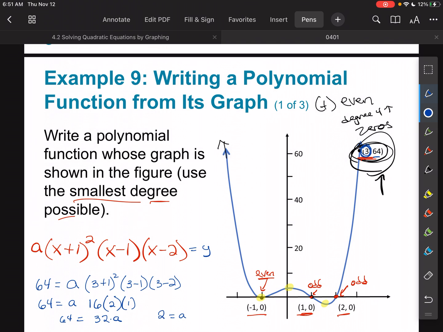So my final answer for my polynomial in the smallest degree is 2 times x plus 1 squared times x minus 1 times x minus 2. I hope they let you leave it in factored form like this. If they don't, you'd have to FOIL the whole thing out, but I think this will be acceptable.